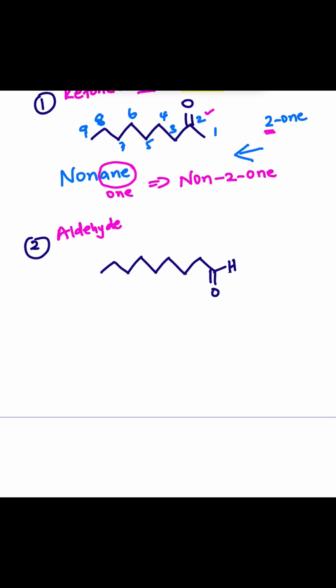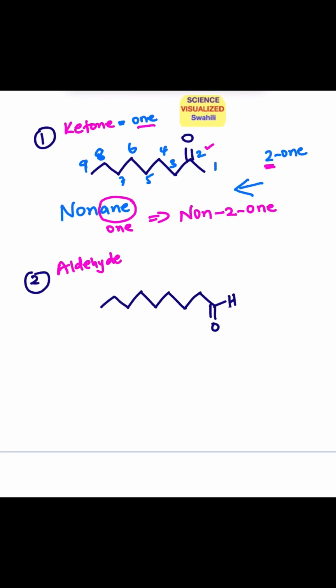Next, we look at the aldehyde. For aldehydes, the name will end with al. And because the carbonyl is always on the last carbon or the first carbon, you always count from the carbonyl position. So that will be number 1, number 2, number 3, 4, 5, 6, 7, 8, and 9.